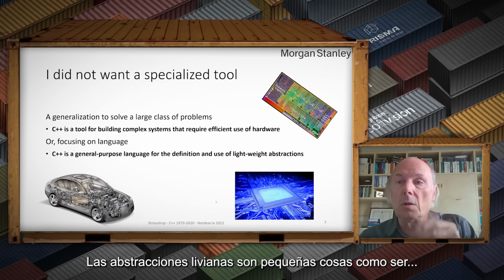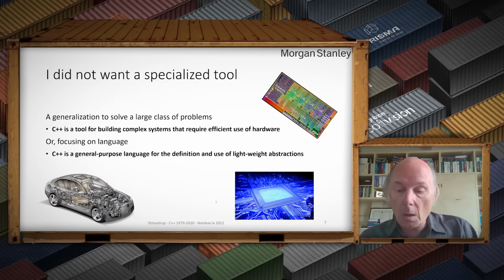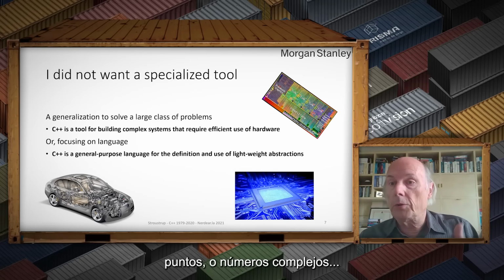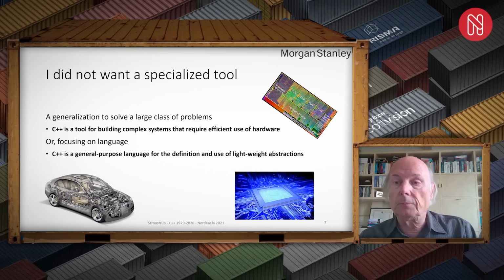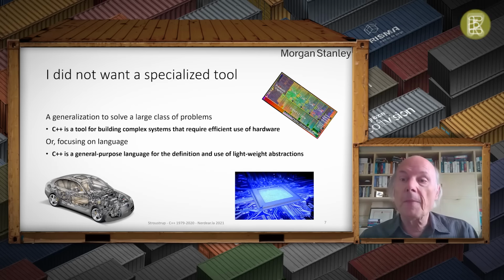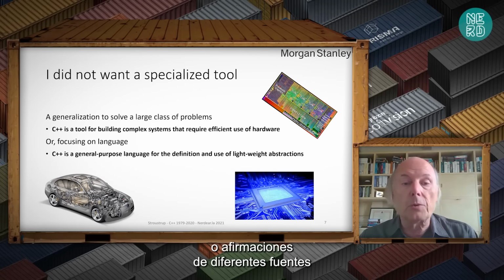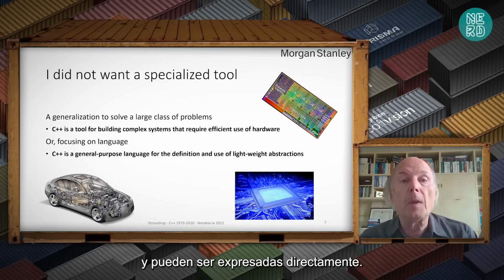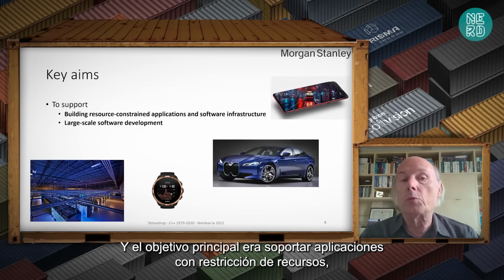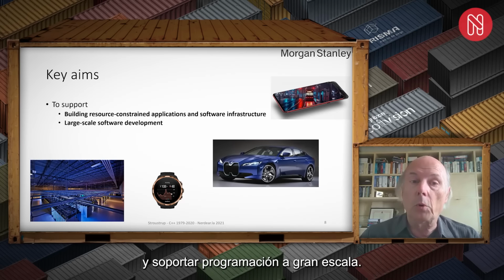Lightweight abstractions are little things like points or complex numbers or assertions of various sorts. It can always be expressed directly. And so the key aim was to support resource-constrained applications and to support large-scale development.